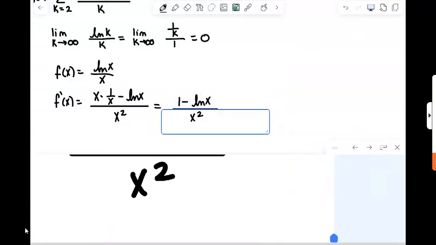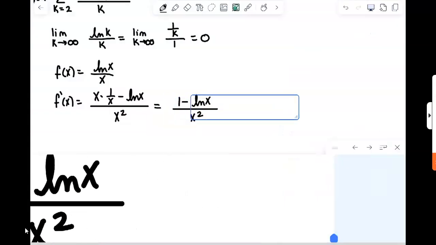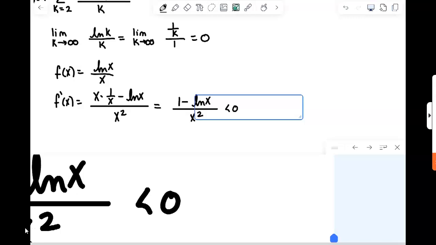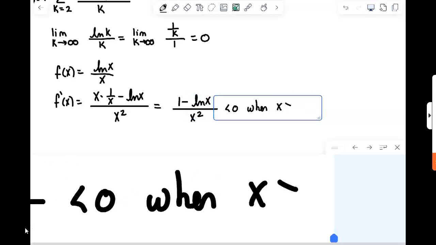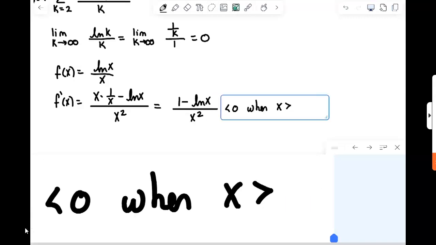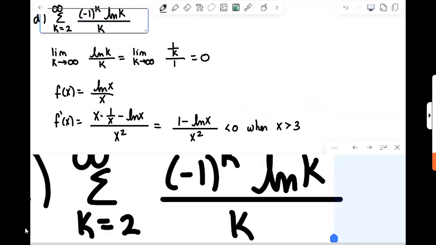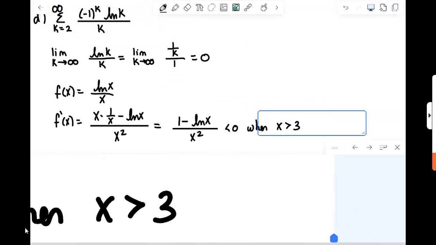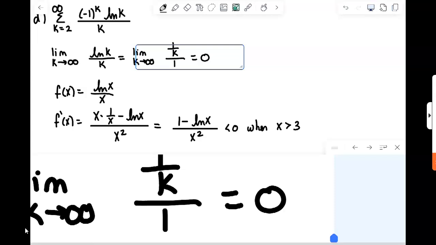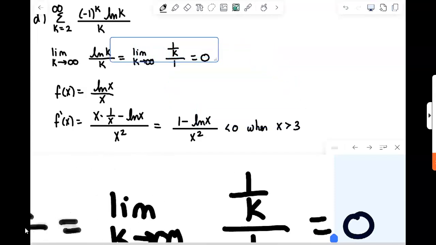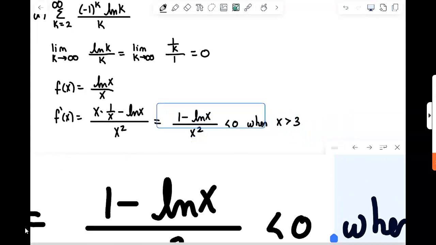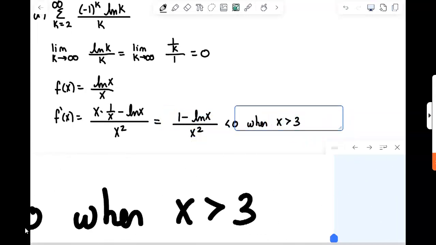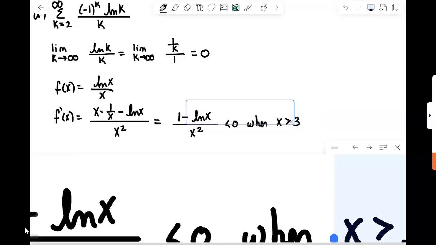The rest of that fraction, x squared, is always going to be positive, so this will be less than 0 as long as x is greater than 3. Since we're dealing with the sequence, I'm only worried about the integer values. So actually at x equals 2, this thing is increasing. But once we get beyond 3, that will always be decreasing. So therefore it is a decreasing sequence.